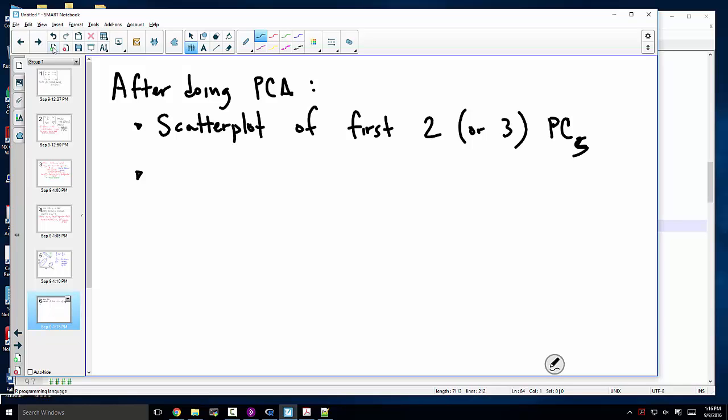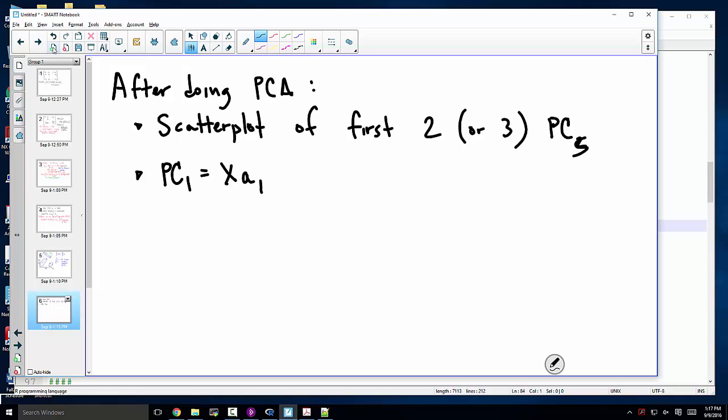It seems like a really informative variable. Then we could learn further about the nature of that variable by inspecting the coefficients that define it. PC1, remember, is x times a vector of constants a1. So there's p numbers in that a1. And if we look at the numbers in a1, it will tell us what the nature of PC1 is.